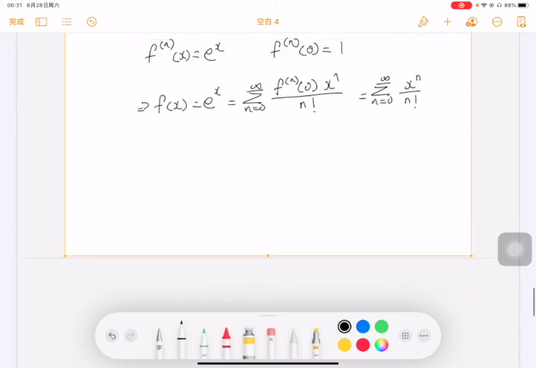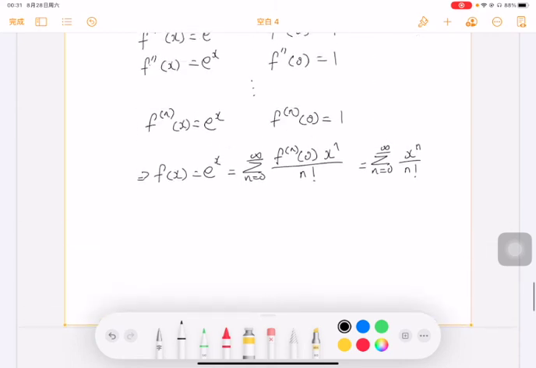To determine the radius of convergence, we'd use the ratio test. Take the limit as n goes to infinity.